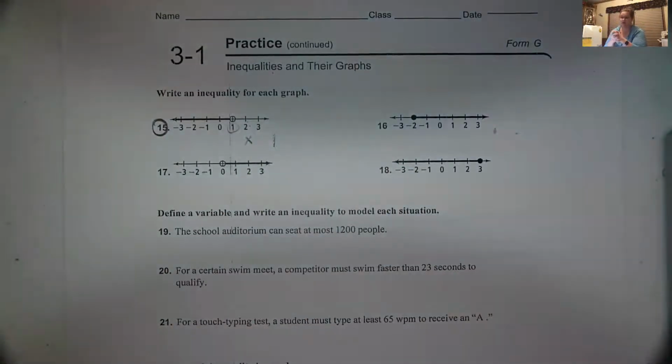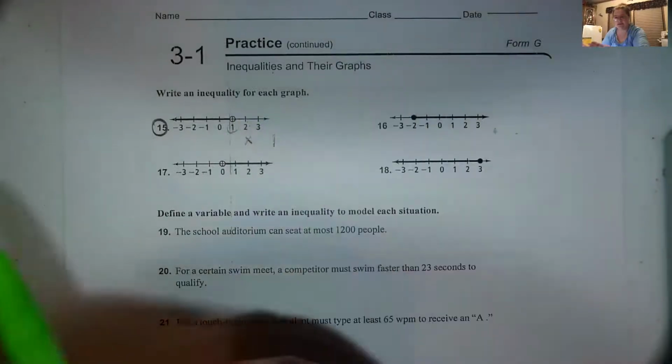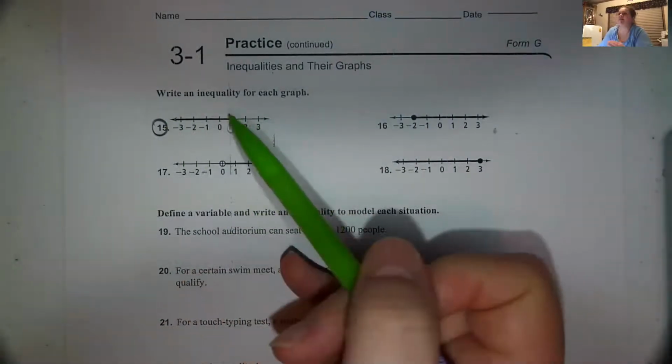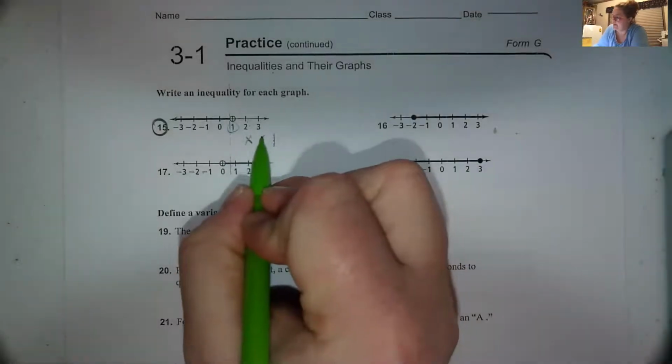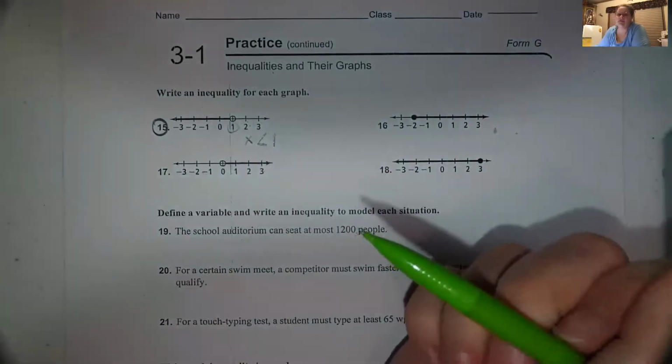Now I put in my less than or greater than or less than or equal to, greater than or equal to. Well, it's an open circle. So I know it's not an equal to one. It's either less than or it's greater than. Well, it is going to the left. It is less than. So I need to put the less than sign in. Okay, and then just ask yourself, does that make sense?